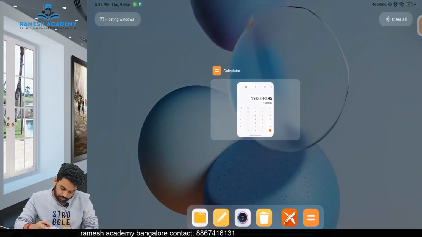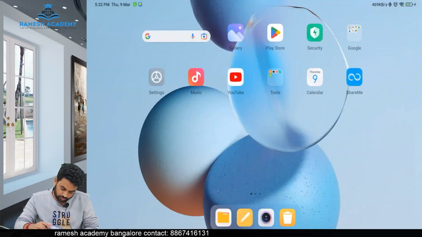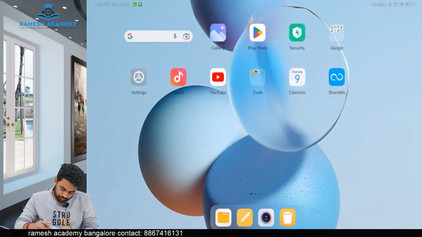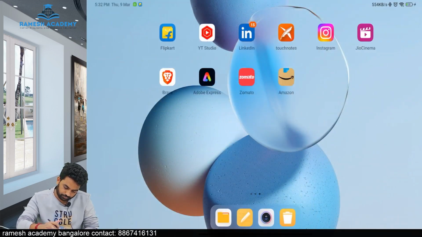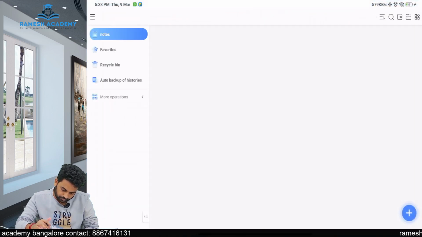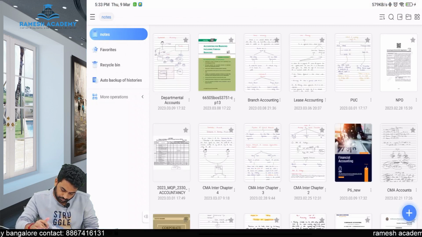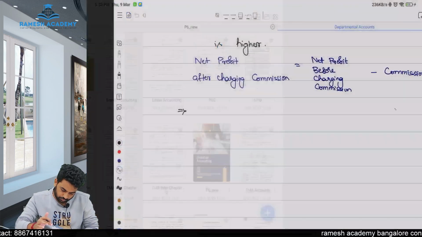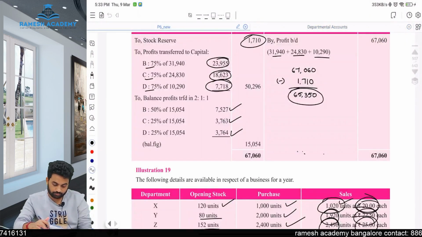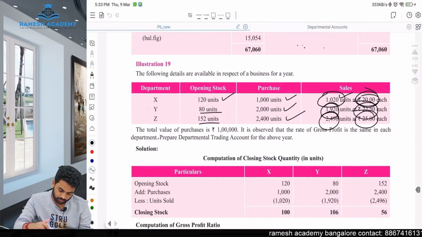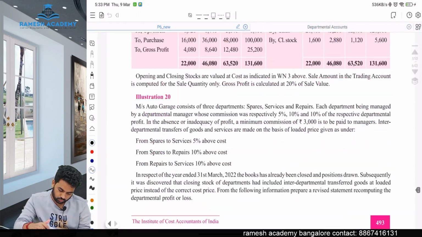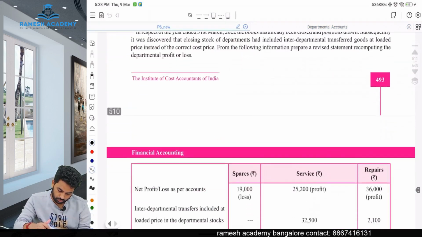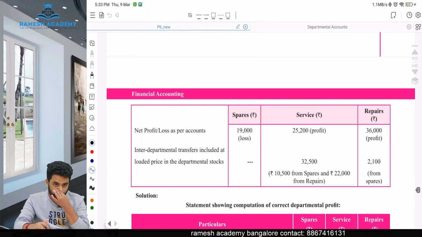Whole PDF is missing, it seems. What we have marked, everything is gone. Fine, no issues.